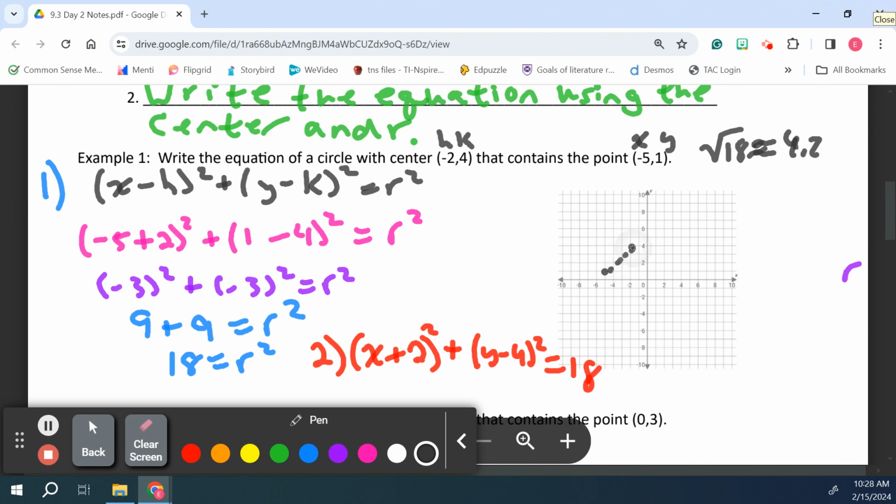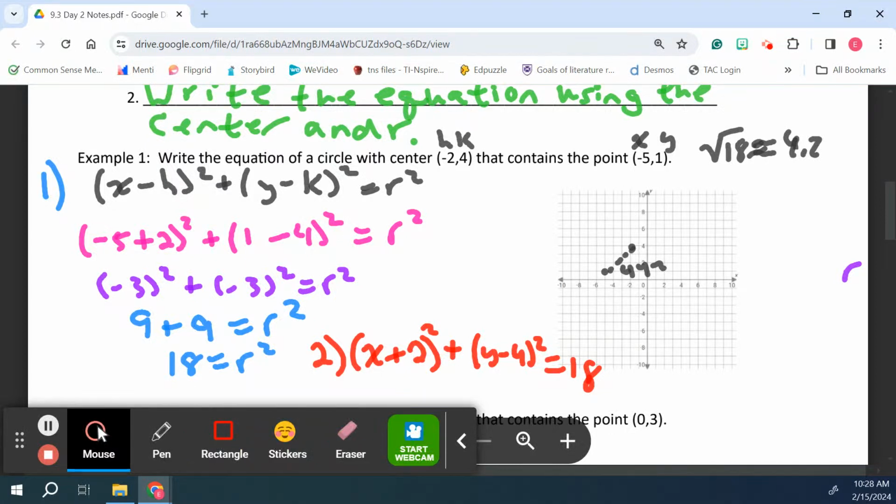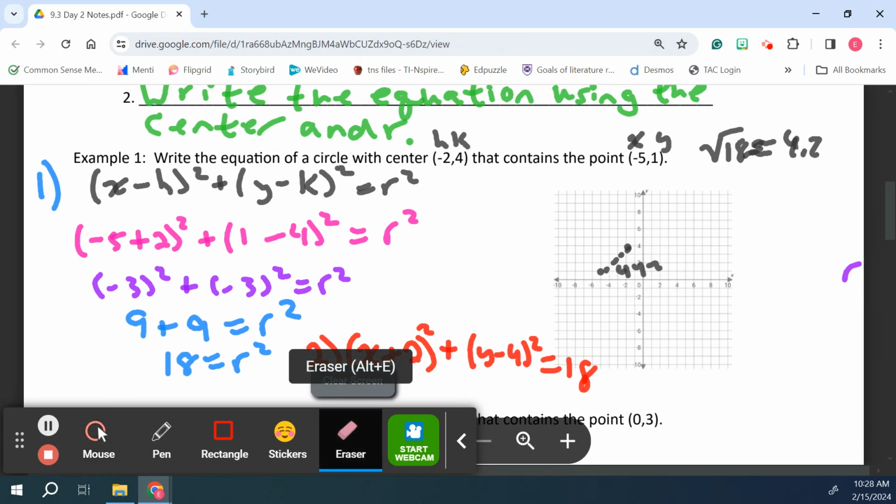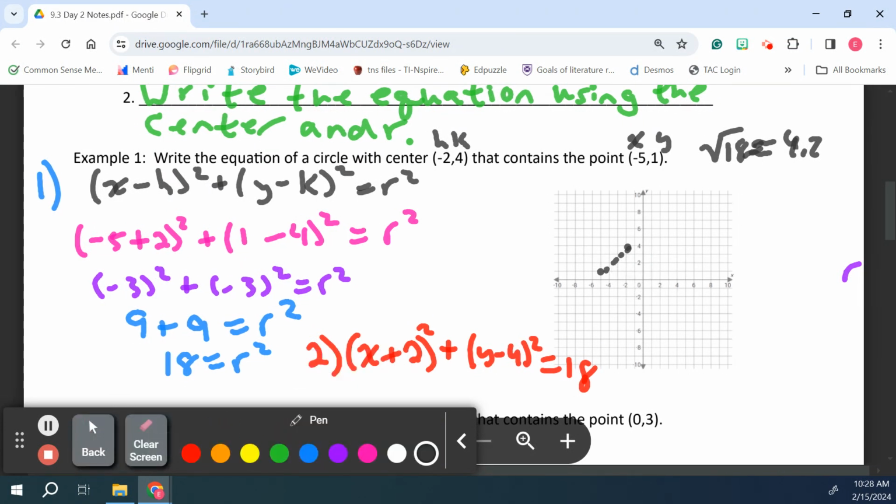This acts as our radius, which is 4.2. Okay, so if we wanted to, we would go another 4.2 this way. Again, I don't know where that lands, but we'd have our circle. We'd still go 4.2 this way, 4.2 that way. Okay, it's just not as nice to graph because of the fact that it's 4.2.